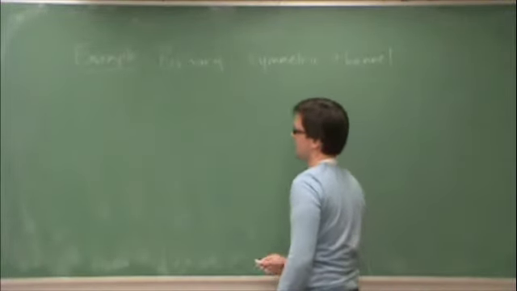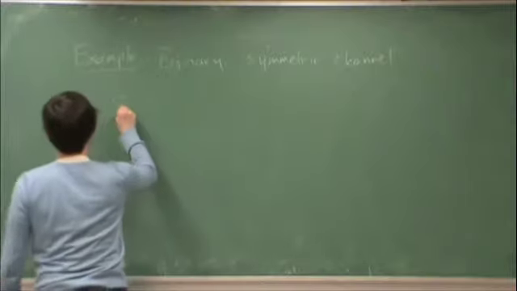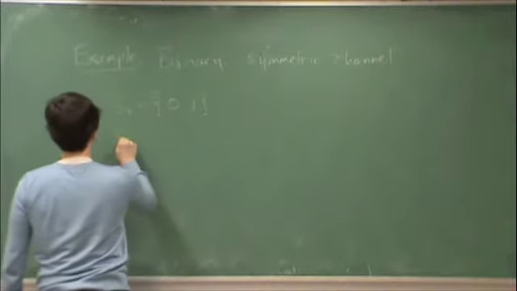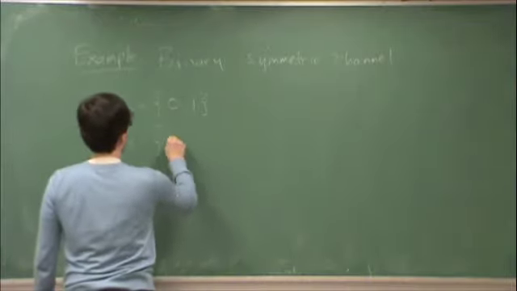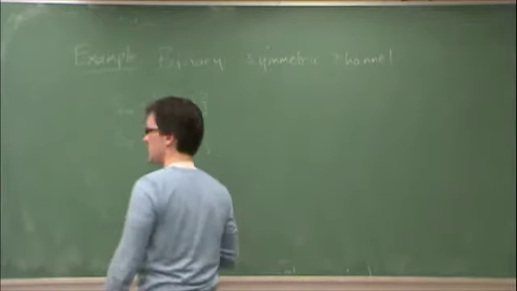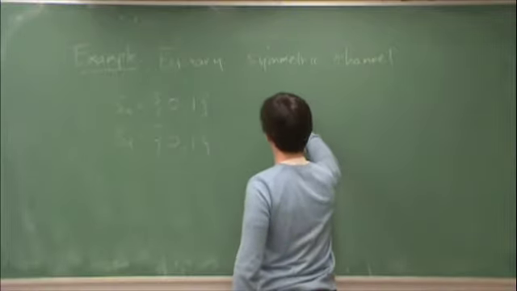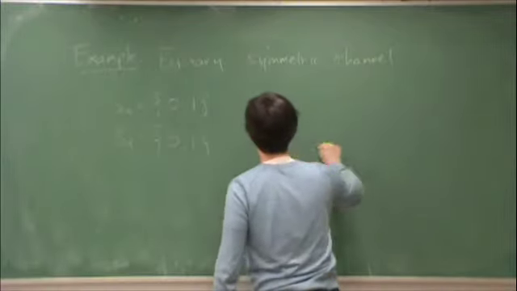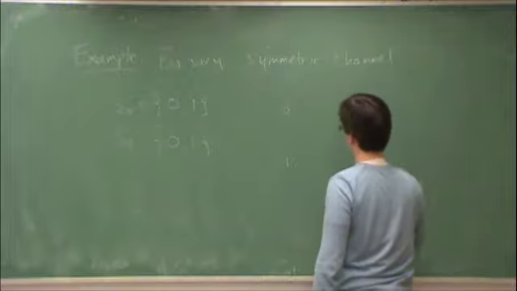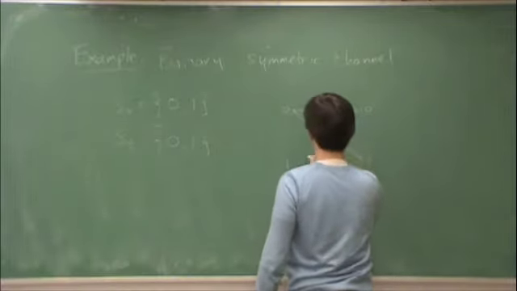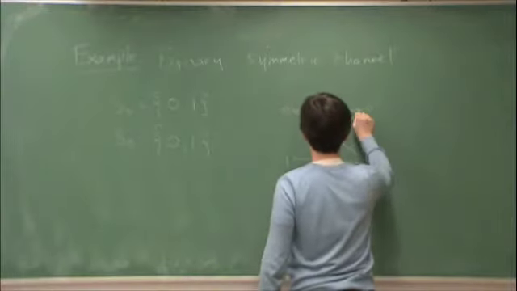So in the binary symmetric channel, my input alphabet is binary, my output alphabet is binary, and basically representing this on a graph, here's my inputs, here's my outputs. Each input can possibly cross over like this.